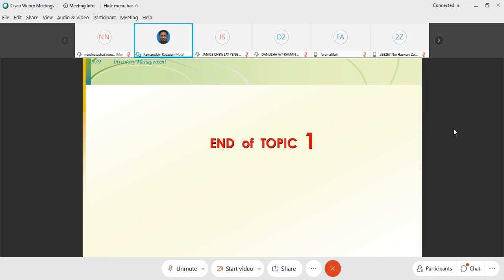So, in our discussion on introduction to inventory management, we already discussed the definition of inventory management, which consists of planning and controlling of the inventory.